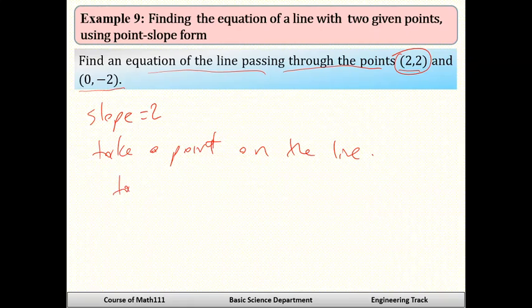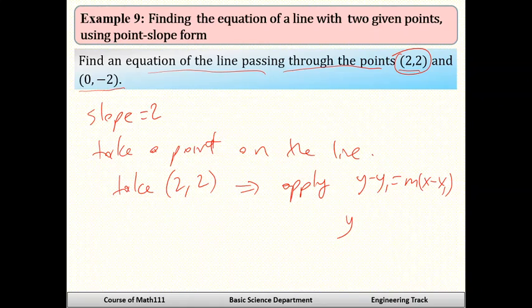Take 2, 2 and apply the formula. Apply y minus y1 equals m times x minus x1. So here this is x1, this is y1. y minus 2 equal to m is 2, and this is x minus 2. So we end up with y minus 2 is equal to 2x minus 4.